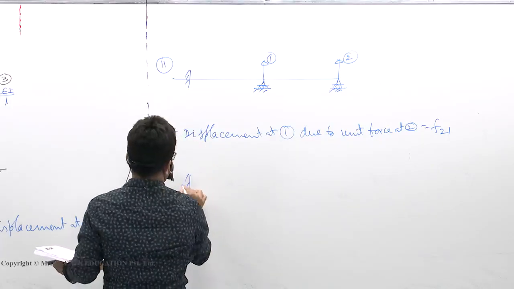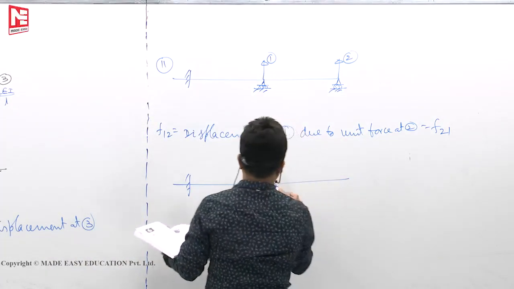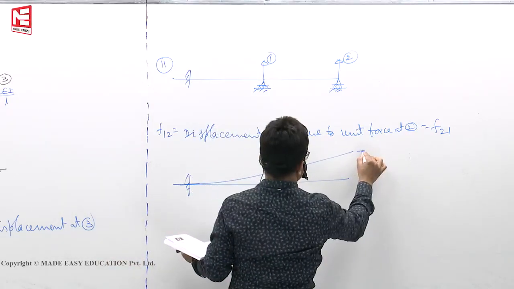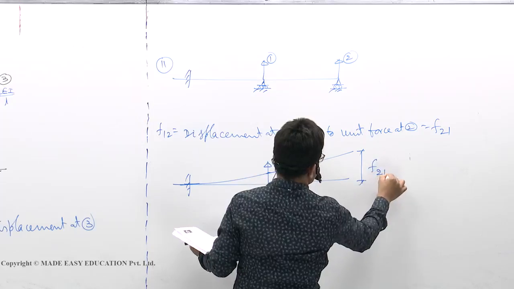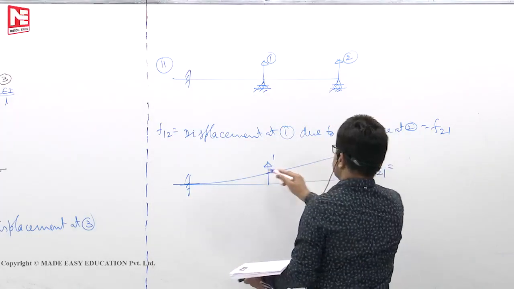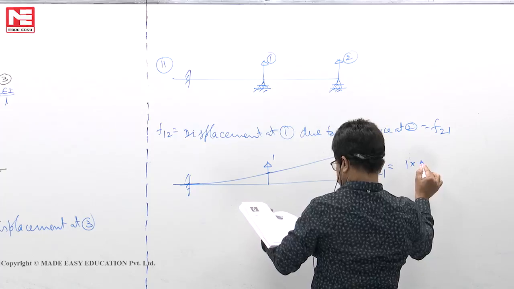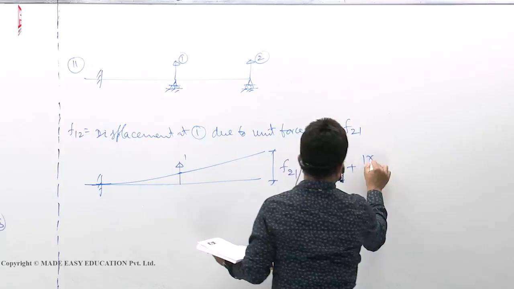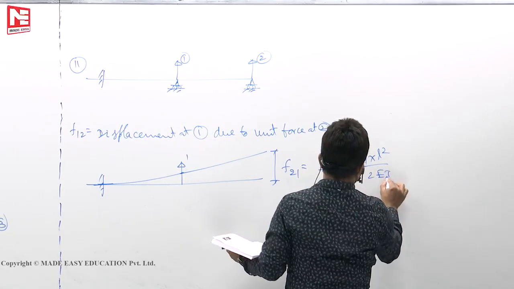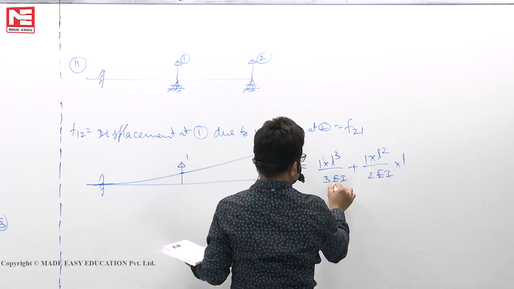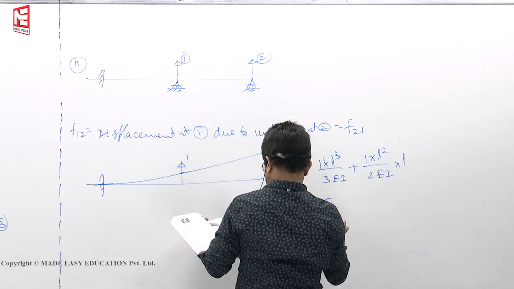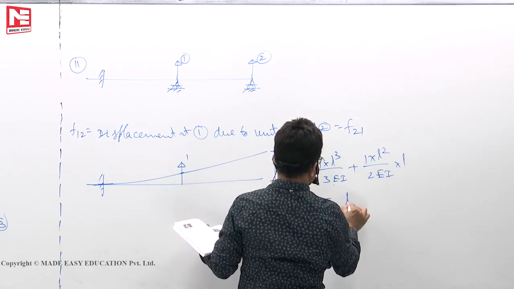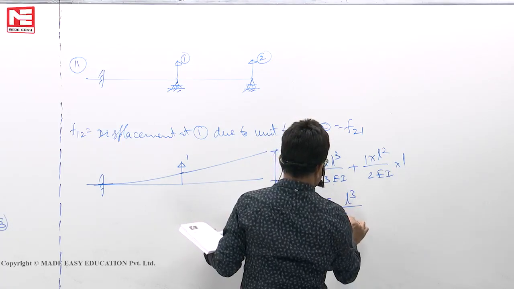So we will take it now like this. Lengths are same. Apply unit force, curve, straight line. This is F2 because of 1. So this is how much? WL cube by 3EI. 1 into L cube by 3EI plus slope, which is WL square by 2EI, into L. Common factor 6, 2 plus 3, 5 by 6, 5L cube by 6EI.